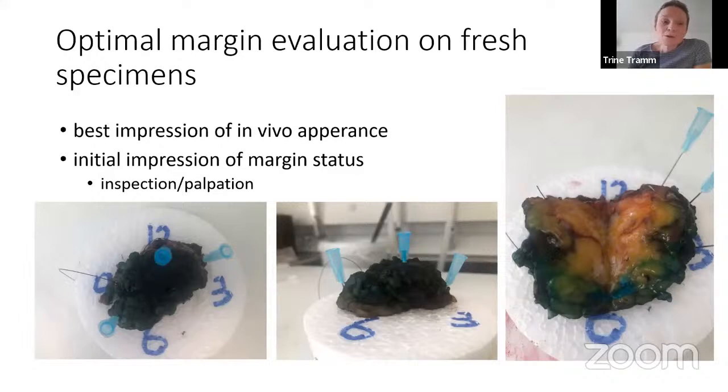This is also where I get the initial impression of the margin status through inspection and palpation. And it may be quite difficult to see the tumor. And in this specimen, maybe you have noticed that it was right over here. But this is a very delicate examination with a combination of inspection and palpation.